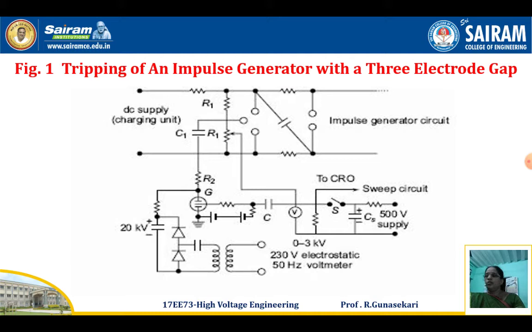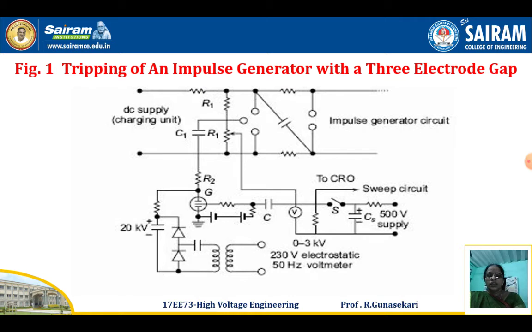Now we study the theory part of this circuit. The first stage of the impulse generator is fitted with the 3 electrode gap, and the center electrode is maintained at a potential in between the bottom and top electrodes with the resistors R1.